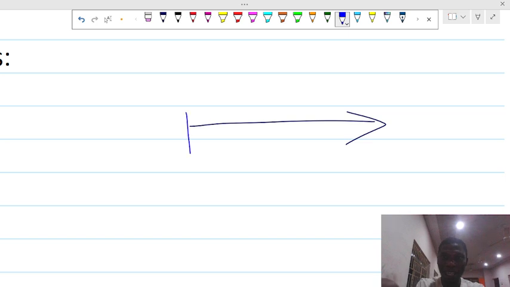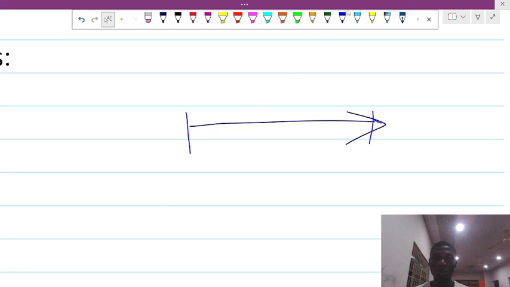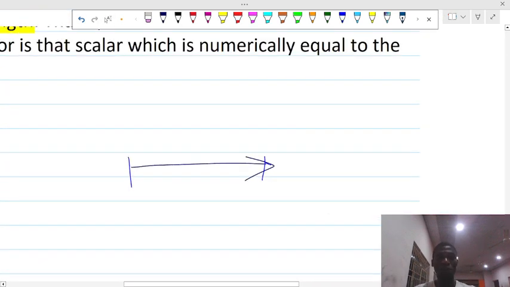So this is how long this thing is. This length is the size, and that size is the magnitude of the vector. Now note that when we say magnitude of a vector, we are not considering the direction, we are just talking about the size.